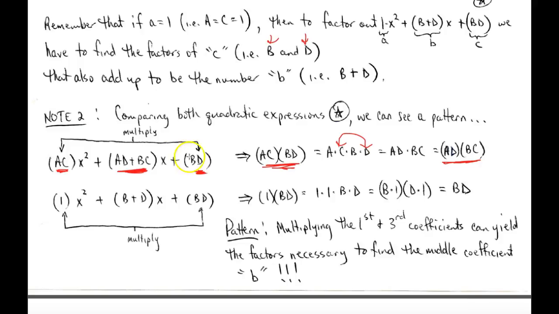number B. And if you look at it in terms of the case where we have a leading coefficient of 1, we're still kind of doing the same thing. Because instead of having a 1 for the first coefficient, the leading coefficient, we have something that's not equal to 1.